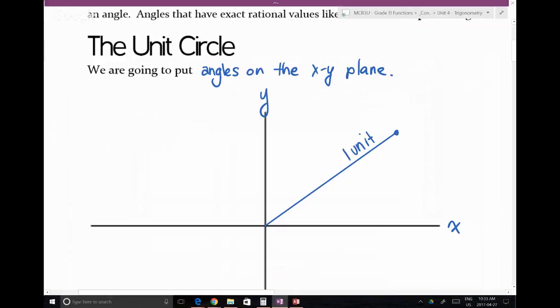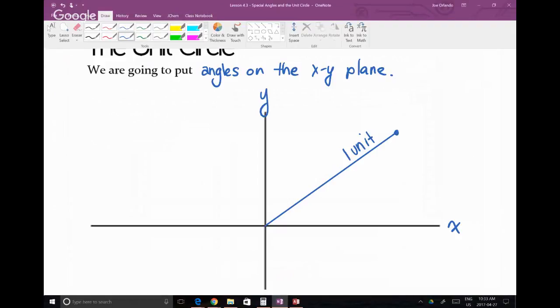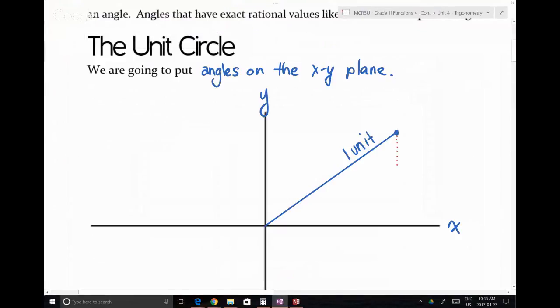And from this point, I want to follow it down to the x-axis and across to the origin. So we end up with a right angle triangle.